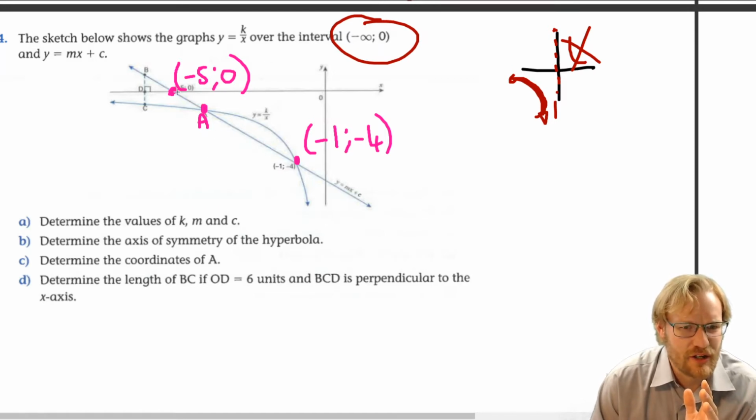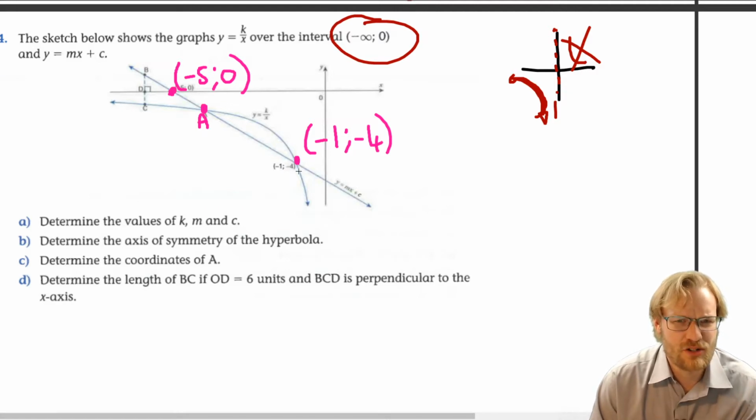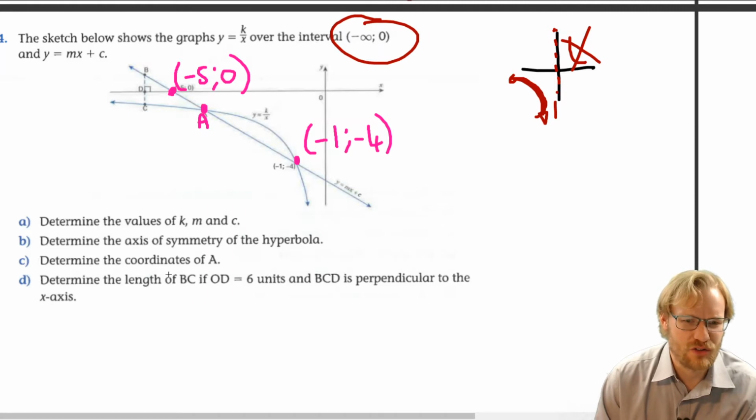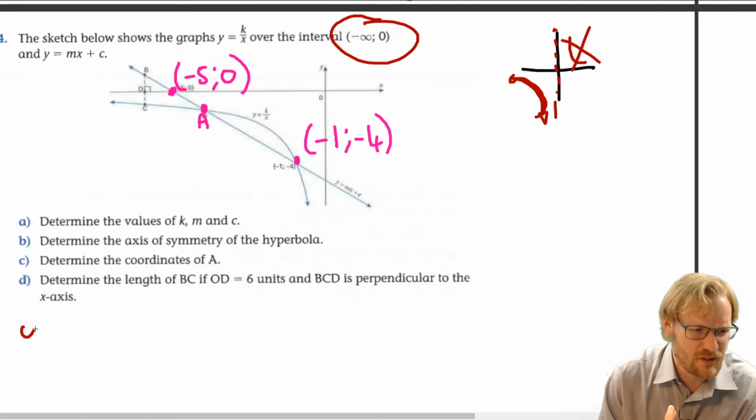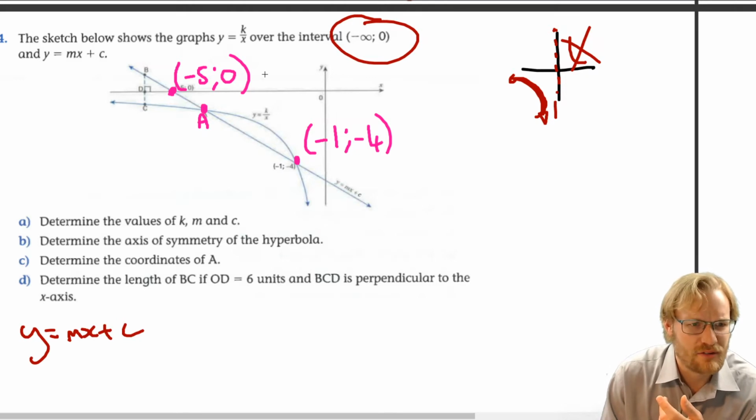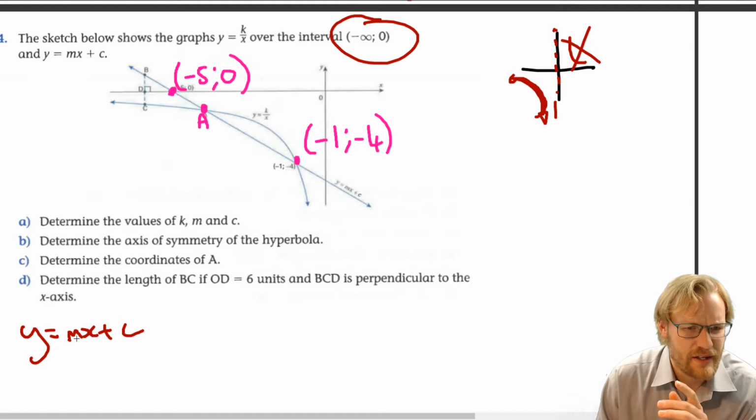Straight line is going through 2 points. This point and this point, they're unlabeled. How do we determine the equation of a straight line running through 2 points? Well, start with y equals mx plus c, and we can work out the gradient and then sub in the other point.